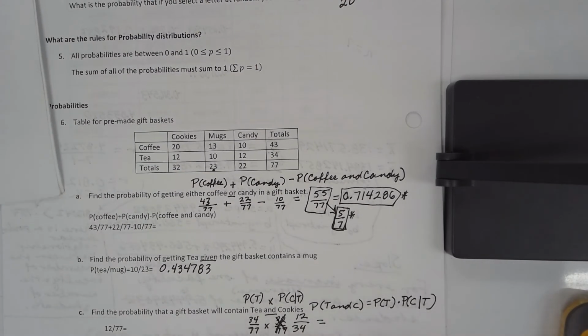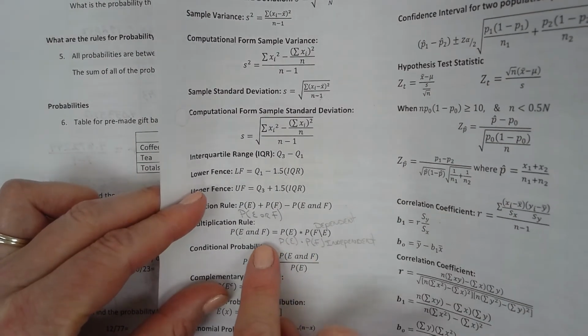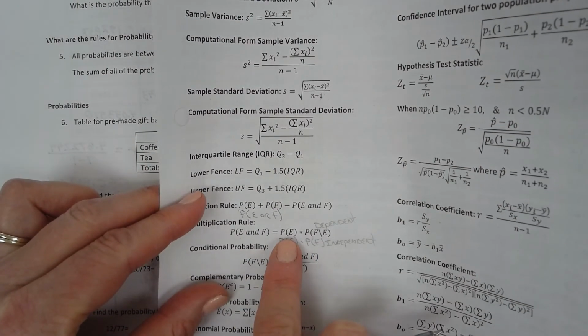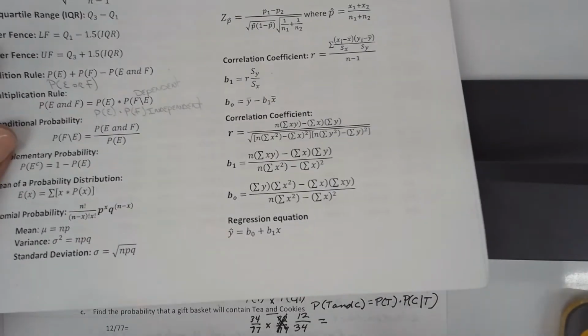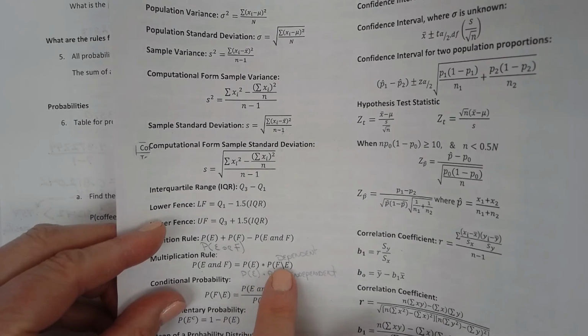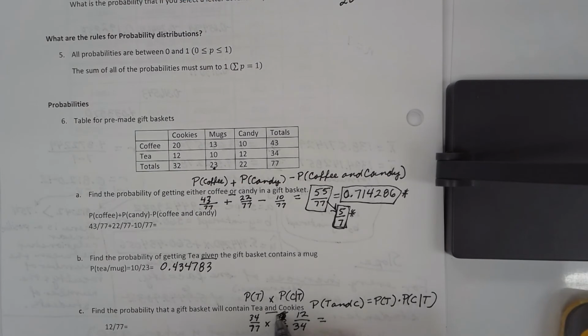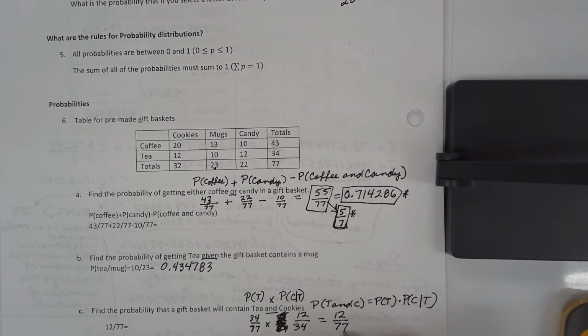Okay, so using that formula for probability of E and F, the probability of E is the T, and F is the cookies. So probability of cookies given T is this 12 over 34. Okay, so the 34s divide out, and that leaves you with 12 out of 77. Okay?